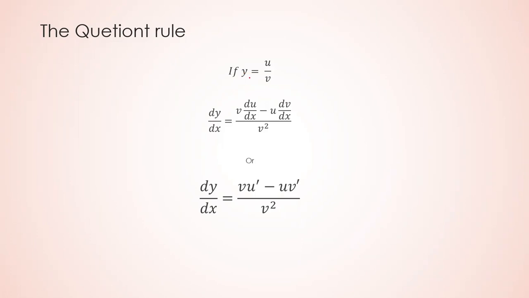If y equals u over v, dy/dx equals v times du/dx minus u times dv/dx, over v squared.